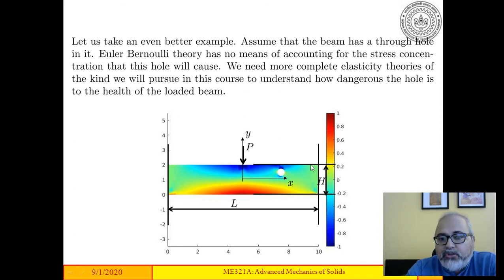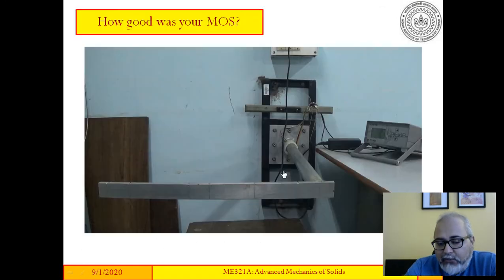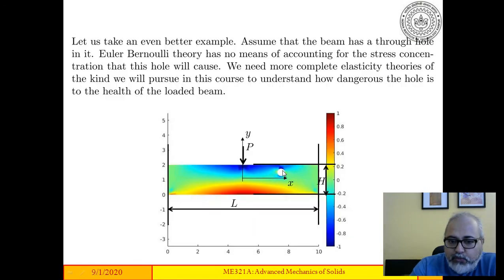They are blue, so they are very different from what the Euler-Bernoulli theory makes you believe. So these are actually the regions where stresses are high. So these are regions where something might happen, the material might start failing, and so on and so forth from these regions. And so from an engineering point of view, it would be necessary to account for these regions.